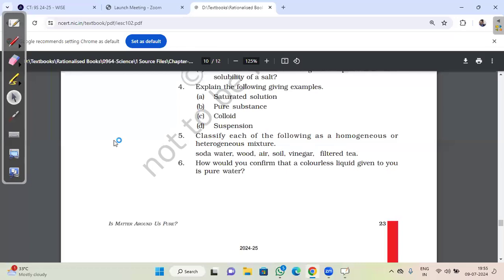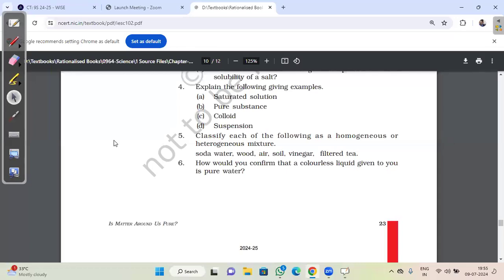Soda water: is it homogeneous or heterogeneous? Homogeneous. Wood, heterogeneous.